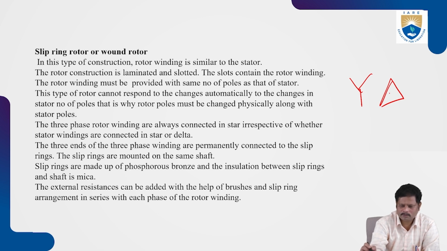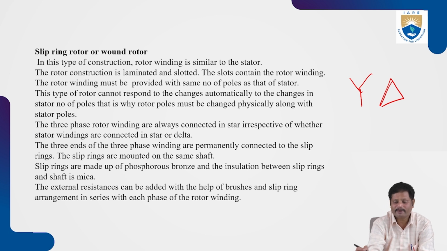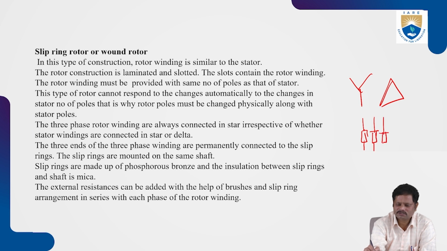Here, the three ends of the three-phase windings are permanently connected to the slip rings. So here we use slip rings to add external resistance. We can add it there.